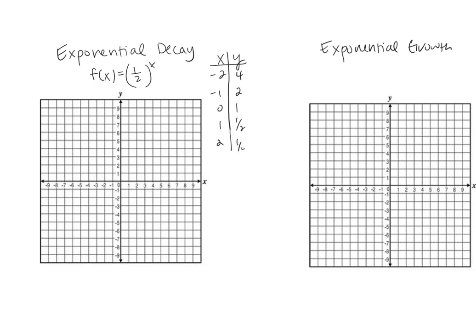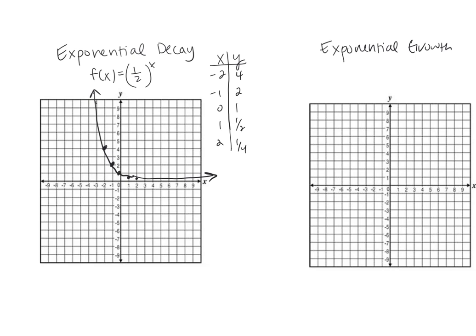1/2 and 1/4. So -2 over 4 up. -1 over 2 up. 0, 1/2. I'm sorry, 0, 1. 1, 1/2, 2, 1/4. And one thing you'll notice is that this graph is decreasing from left to right.